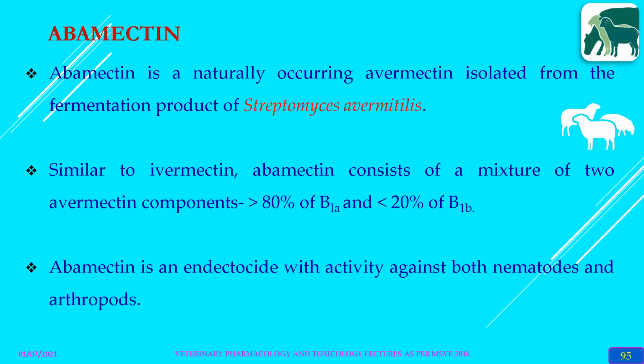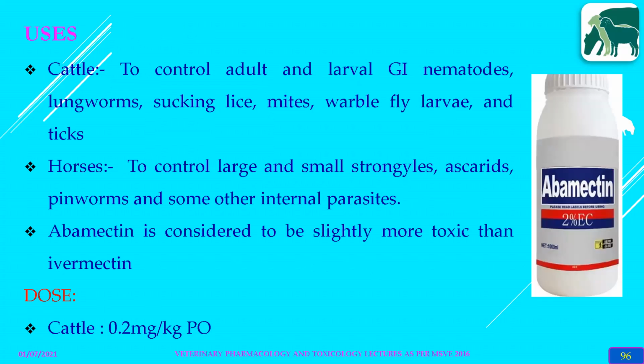In cattle, the use is to control adult and larval GI nematodes, of course the lungworms and lice, mites, warble fly, etc., and also the ticks. In horses, it is used to control large and small strongyles, and also as an acaricide, then pinworms and some of the other internal parasites.